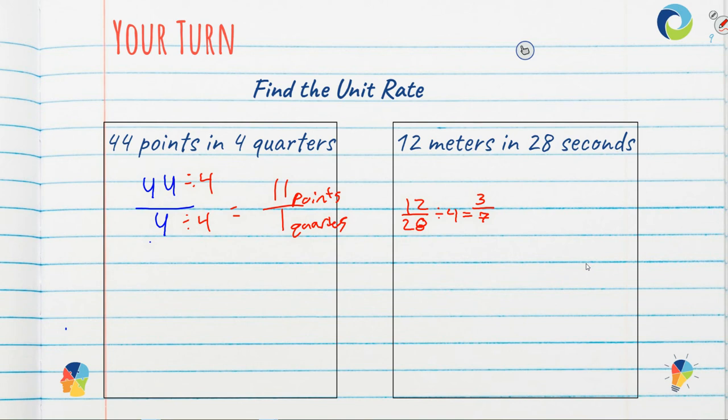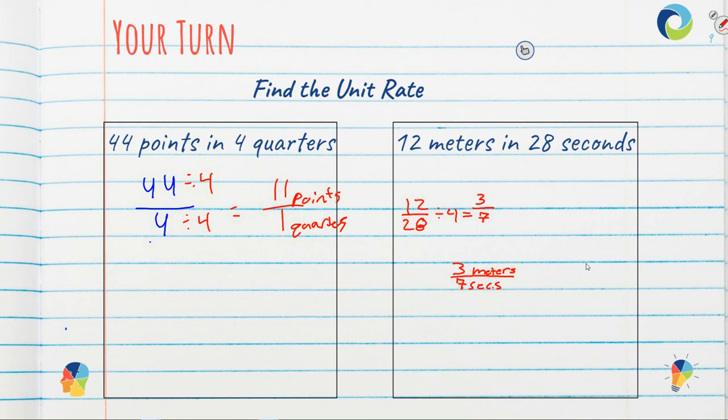We are in simplest form, which means you can't go any further. So you can write this 2 different ways. Write one way out for me, Abby. Three meters to 7 seconds.